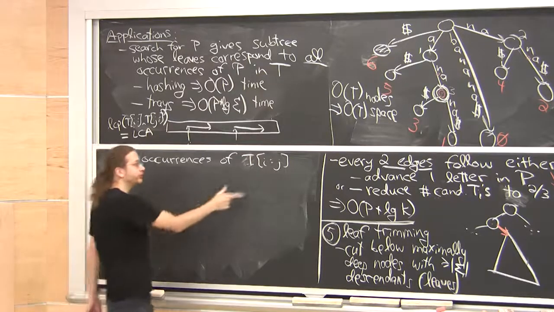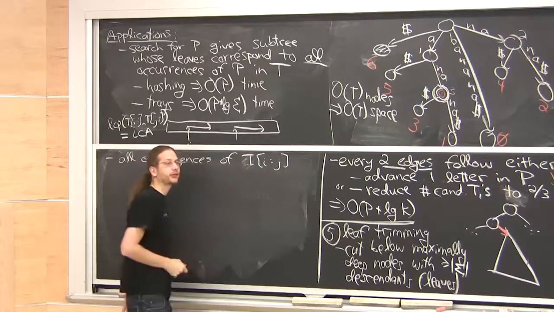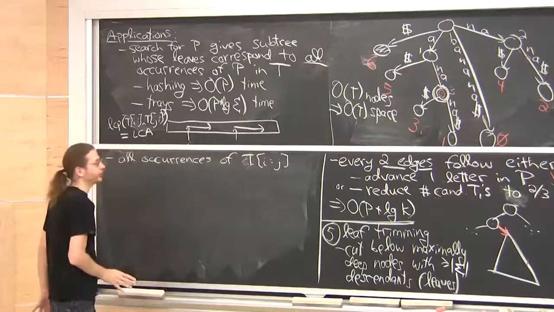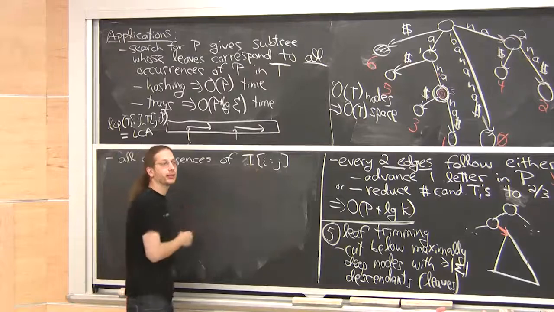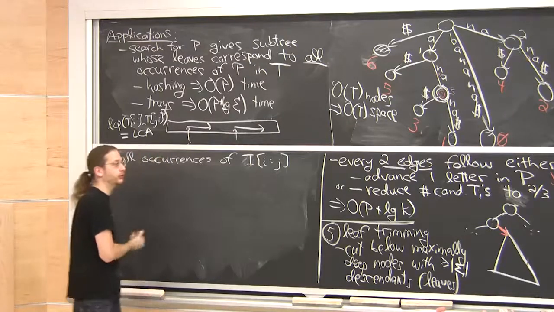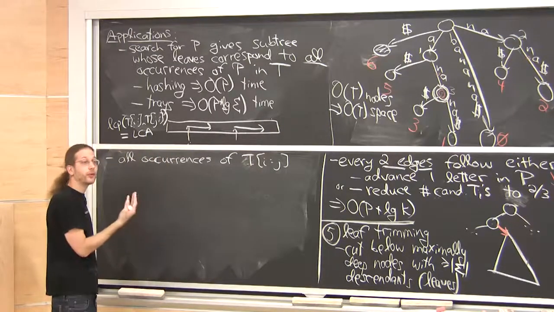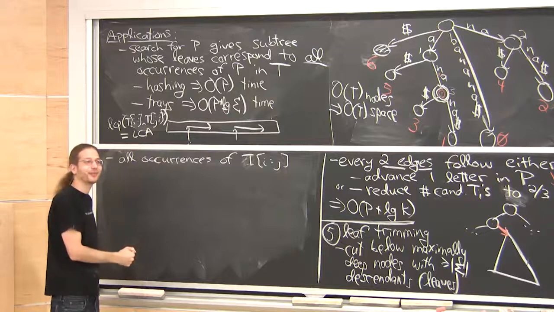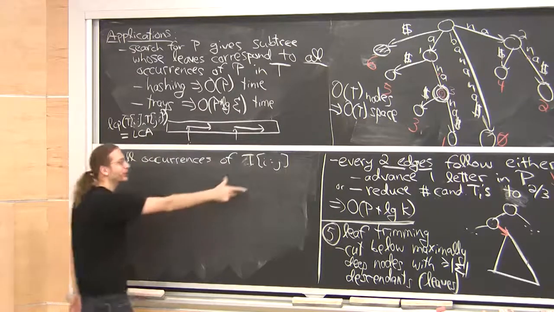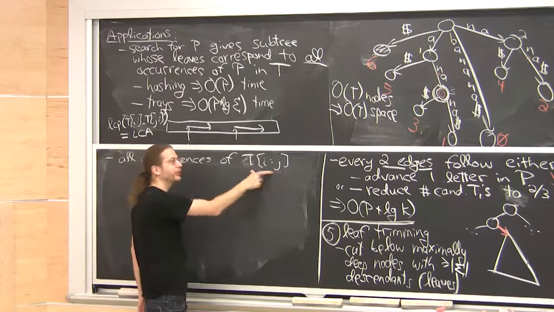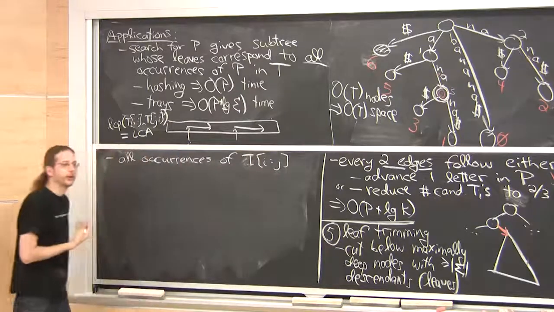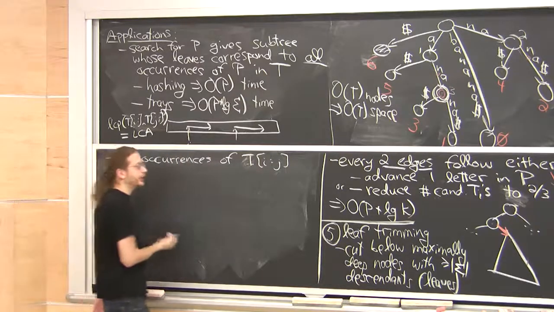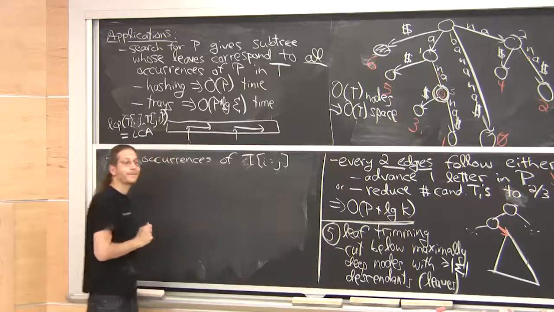The substring is restricted to come from the text. Now, this is a little subtle. Of course, I could solve it in j minus i plus 1 time. I just do the search. But what if I want to do it in constant time? Maybe this is a really big substring, but I still know it appears multiple times. I want to know how many times it appears. I claim I can do this in constant time.